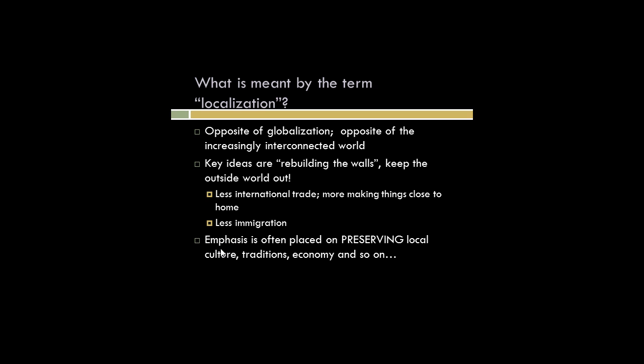In fact, in some cases, localization is organized around this idea that we need to preserve some aspect of local culture, perhaps local traditions, or even the local economy. In other words, globalization is a process that creates really rapid and unpredictable change.